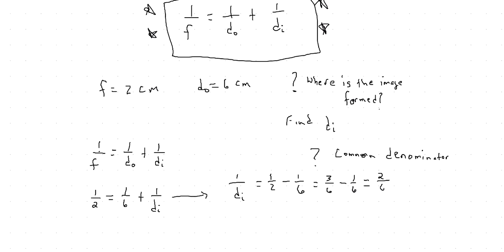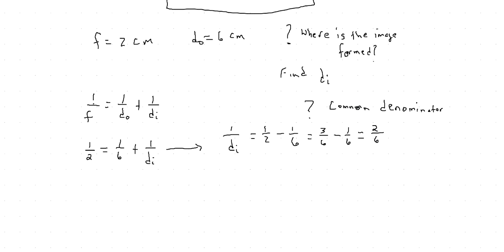That's equal to 2/6. So this equation tells me, pay attention, watch out, because here's where students make a mistake. 1 over di is equal to 2 divided by 6. We have to flip it, because I don't care what 1 over di is.